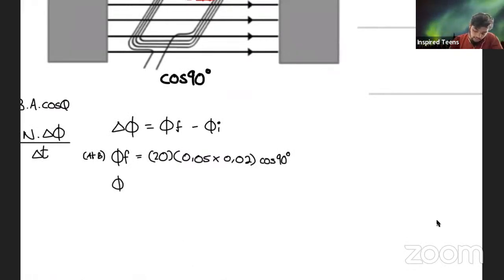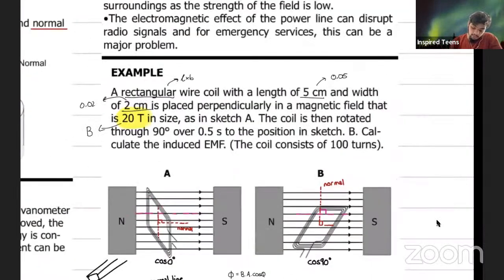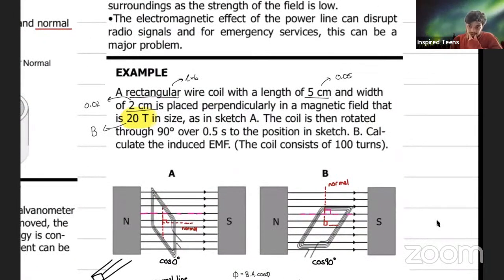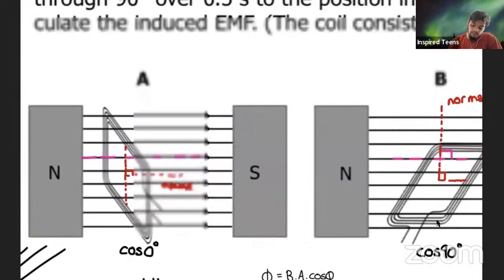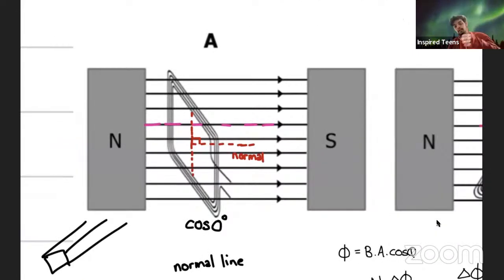Then we can calculate phi initial. B stays as 20 because the strength of the magnetic field did not change. The density of the magnetic field did not change, so it stays as 20. The cross-sectional area did not change, 0.05 times 0.02, times cosine. In this case, we use 0. Let's recap why. Instead of being perfectly flat, the coil is upright.